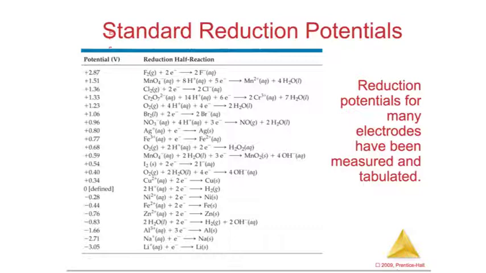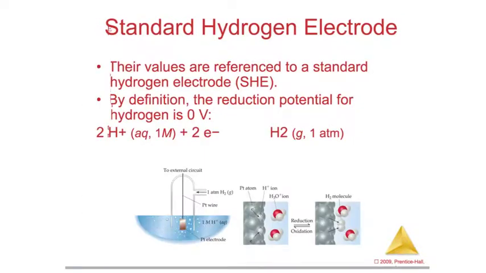But if we have these standard reduction potentials for a particular half reaction, then we could determine what the standard reduction potential of the other half reactions are relative to a reference half reaction. And that reference half reaction is the reduction of hydrogen ions to hydrogen gas under standard conditions, which we assign a standard reduction potential of exactly 0 volts.